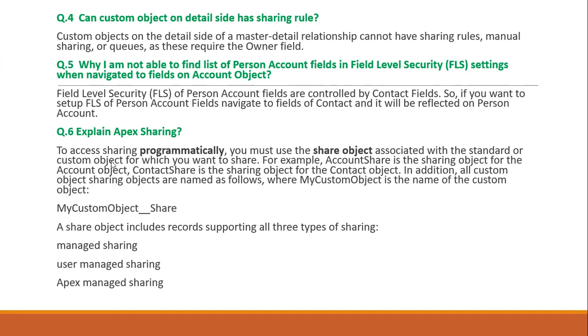Next question: explain about sharing objects. To access sharing programmatically, you must use the share object associated with the standard or custom object for which you want to share. For example, AccountShare is the sharing object for the Account object, and ContactShare is the sharing object for the Contact object.